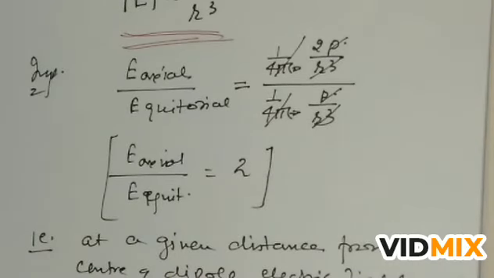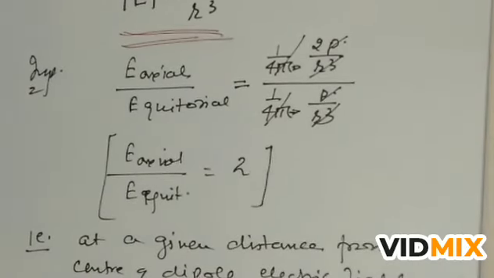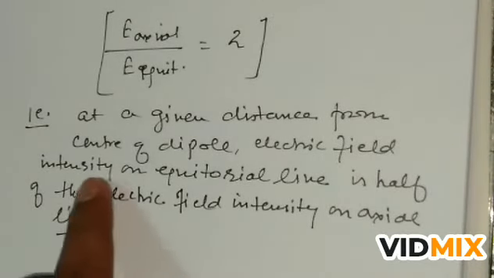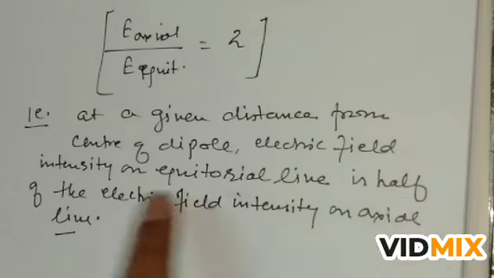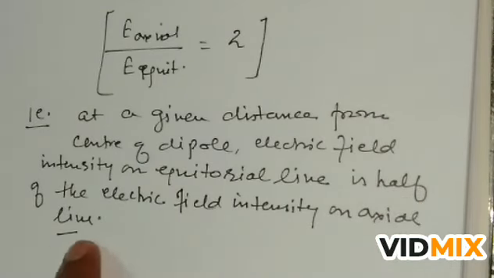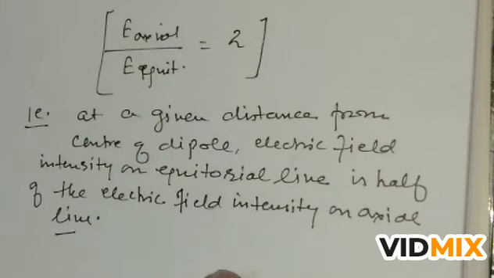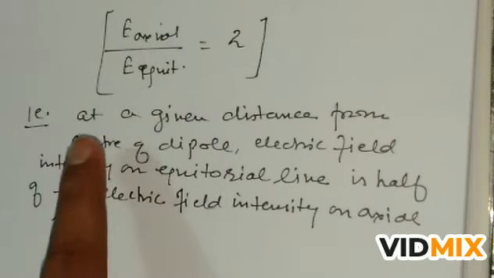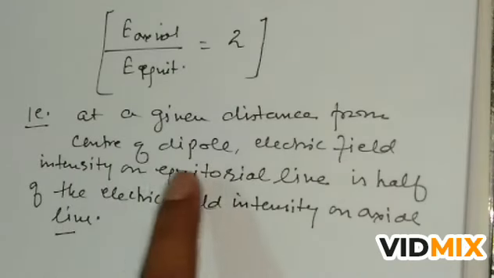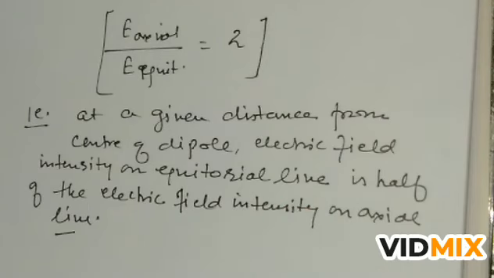So what does it mean? It means that at a given distance from the center of the dipole, the electric field intensity on the equatorial line is half of the electric field intensity on the axial line. We can also say it the other way around. At a given distance from the center of the dipole, the electric field intensity on the axial line is twice the electric field intensity on the equatorial line.